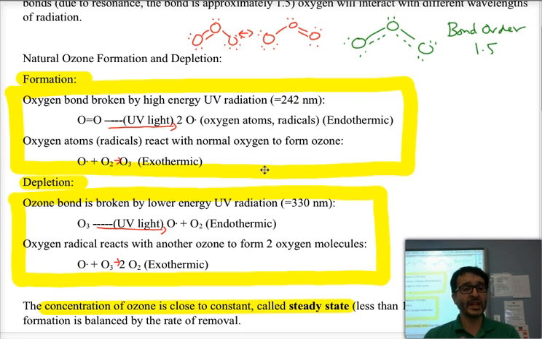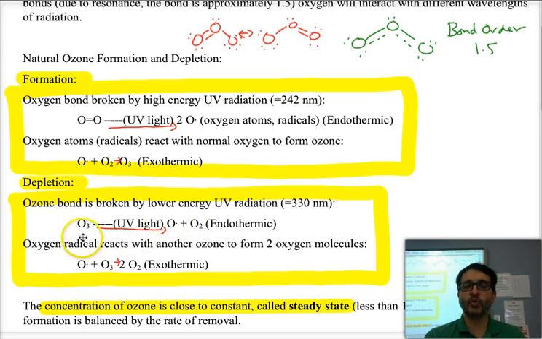All right, naturally in the atmosphere, as ozone gets hit by ultraviolet radiation, the wavelength that causes the breaking of ozone is around 330 nanometers. So it's going to be a little bit lower in energy. The longer the wavelength, the less energy a photon carries.